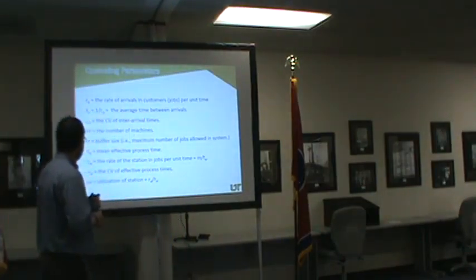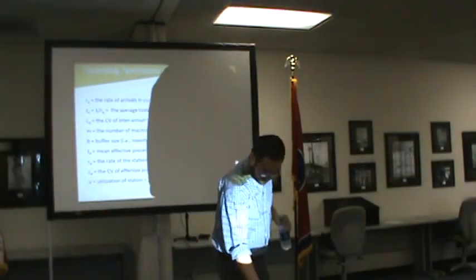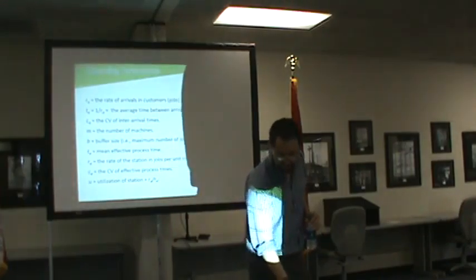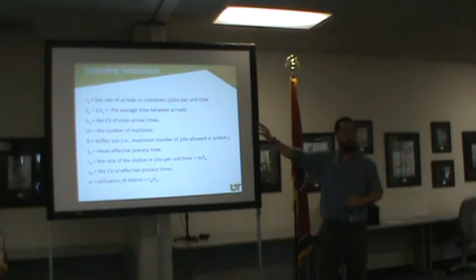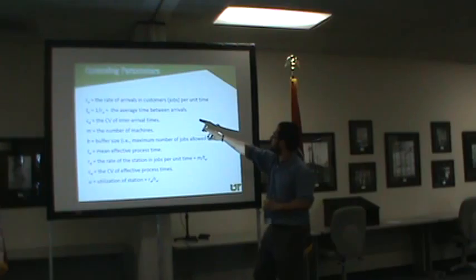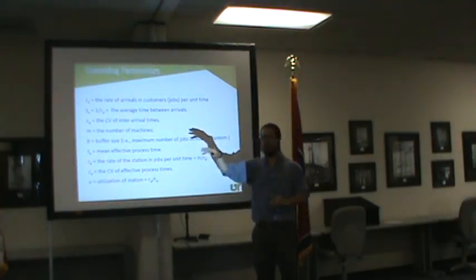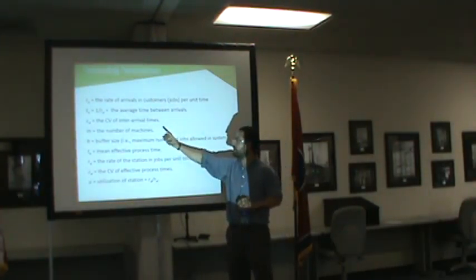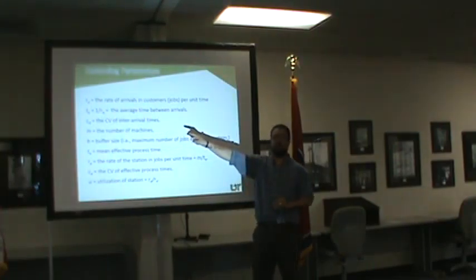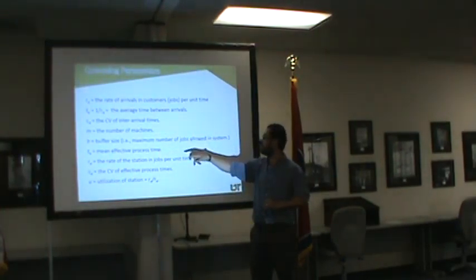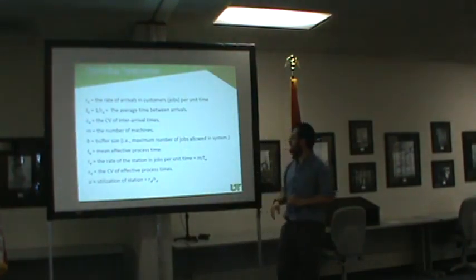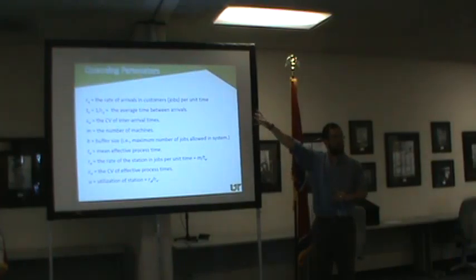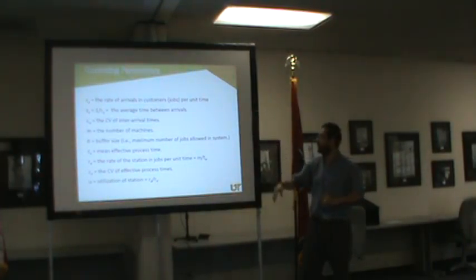So these are all sorts of notations that we're going to be using. We already covered a few of these. Rate of arrivals, same thing as we covered. Then the average time between arrivals, same thing, the inverse. Coefficient of variation, then the M, which is number of servers, in this case, number of machines. We have a new parameter here, which is the buffer size, basically the B that we had at the end.